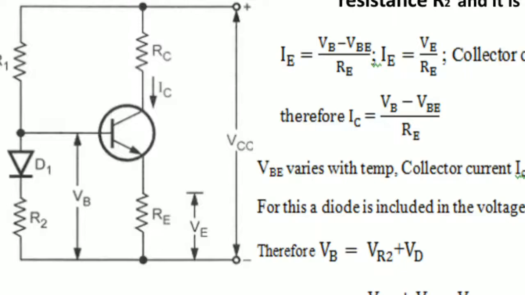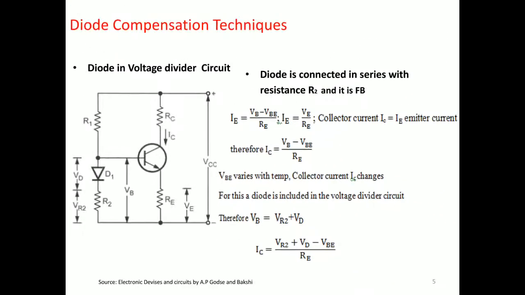Therefore the collector current is equal to VR2 by RE, which is unaffected by the changes in VBE. That is very important. To summarize, R1, R2, RE form the voltage biasing. The changes in VBE due to temperature are compensated by the changes in the diode voltage, which keeps the IC and Q point stable. That is very important.